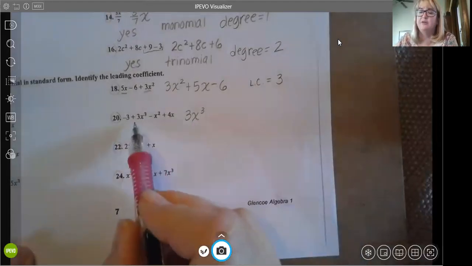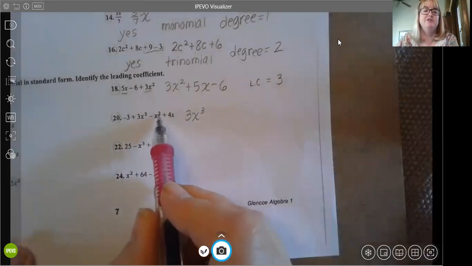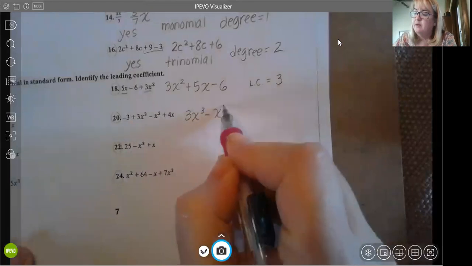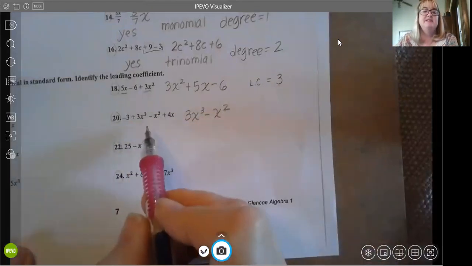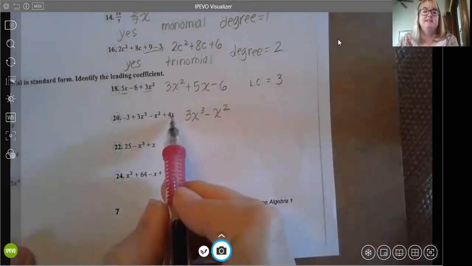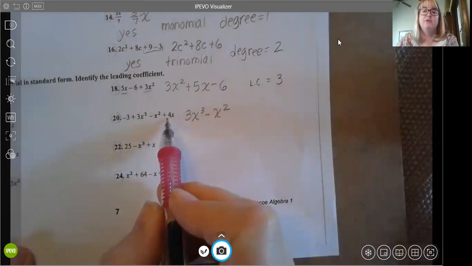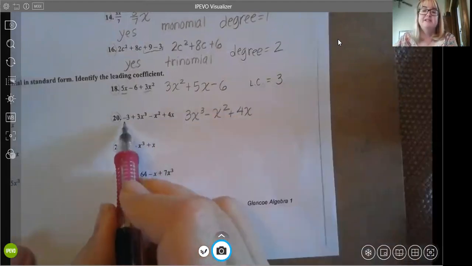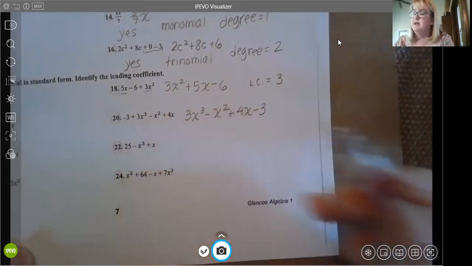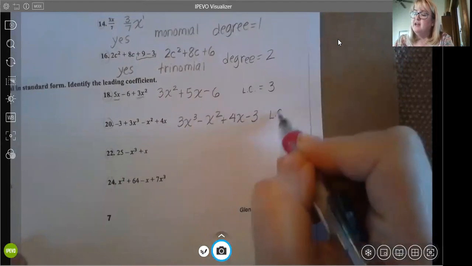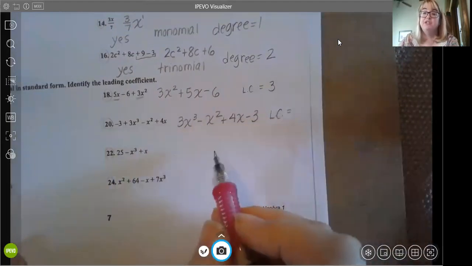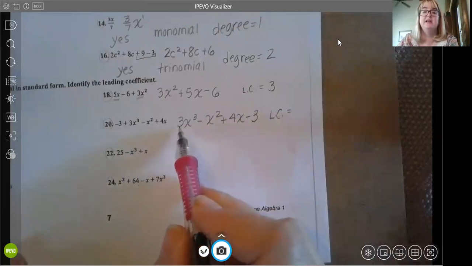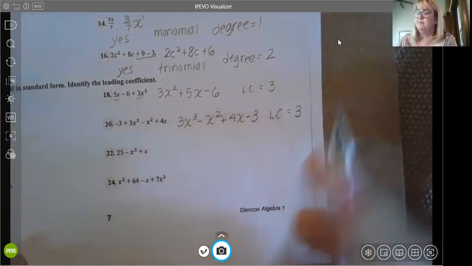The next highest degree would be this degree of 2, so minus x squared. The next highest degree would be, this is a degree of 1, so it's plus 4x. And then minus 3 has a degree of 0. And so the leading coefficient is the coefficient of the first term. The first term is 3x cubed, so the leading coefficient is 3.